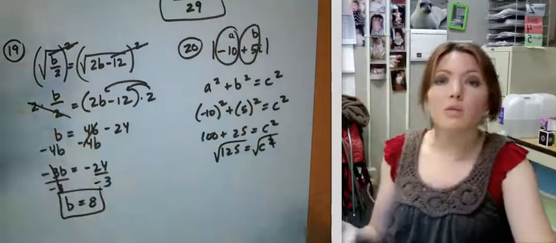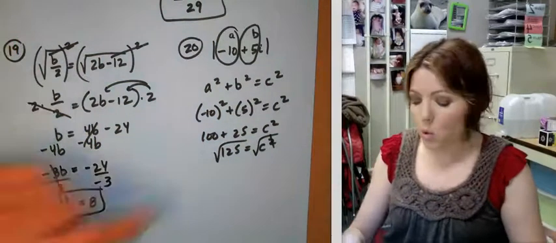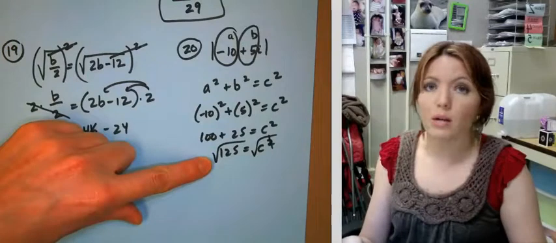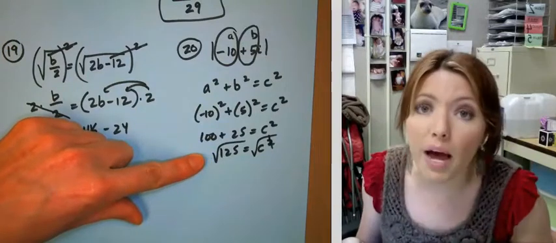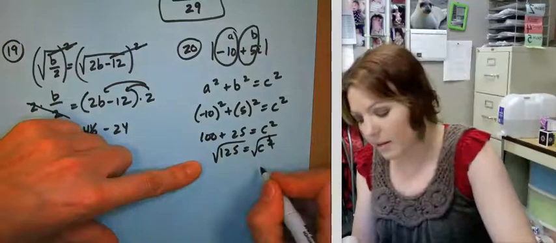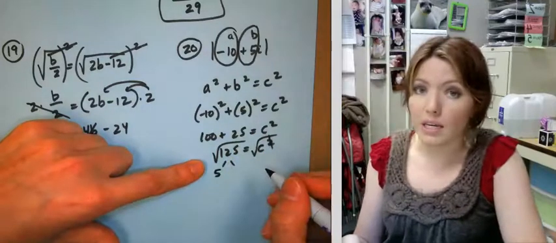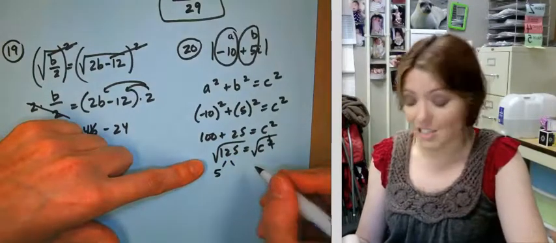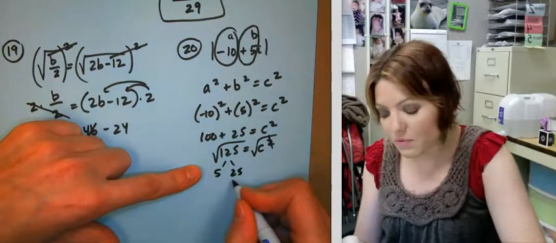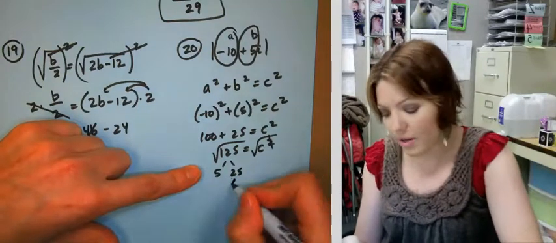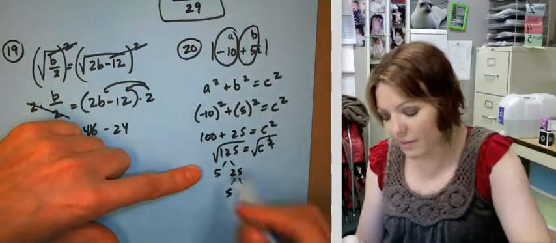And then we want to do the same thing we did a couple of problems ago. We want to simplify this radical. You always want to simplify or reduce as much as you possibly can. So I showed you the other way with the looking for perfect squares thing. Let's do the factor tree on this one. So 125 is 5 times 25. 25 is 5 times 5.